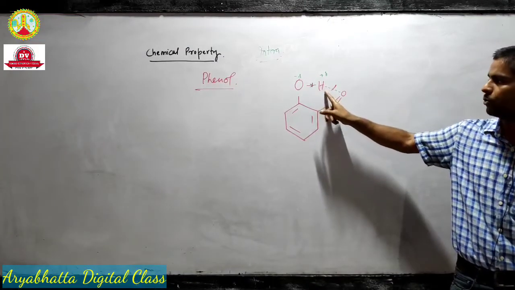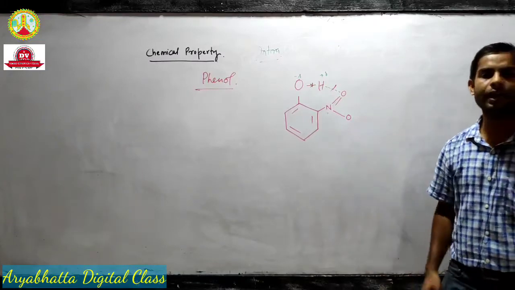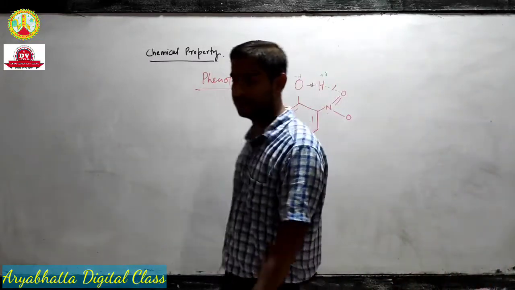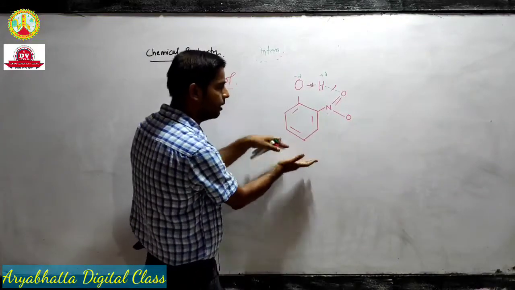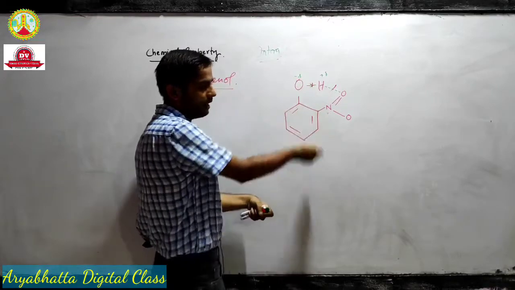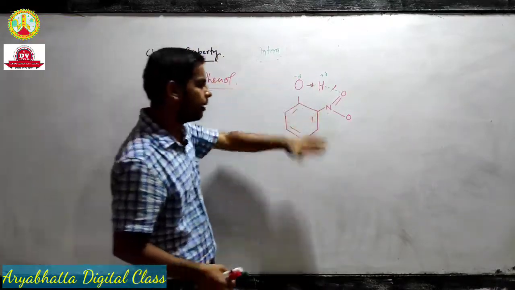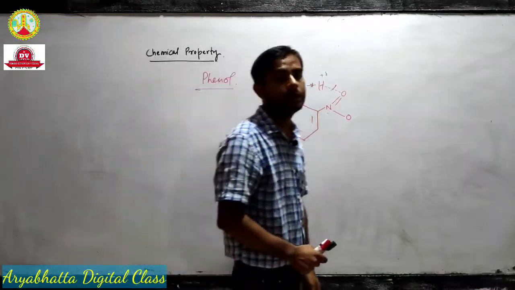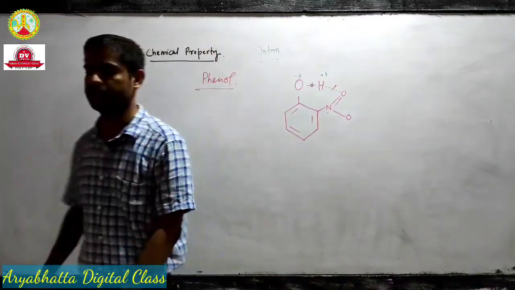It is difficult to remove this hydrogen in this case, and this is the reason why ortho-nitrophenol is less acidic than para-nitrophenol. Since in the para position, the nitro group is far away from the OH, and it cannot produce intramolecular hydrogen bonding. Okay, para-nitrophenol cannot form intramolecular hydrogen bonding, and as a result, it is more acidic.